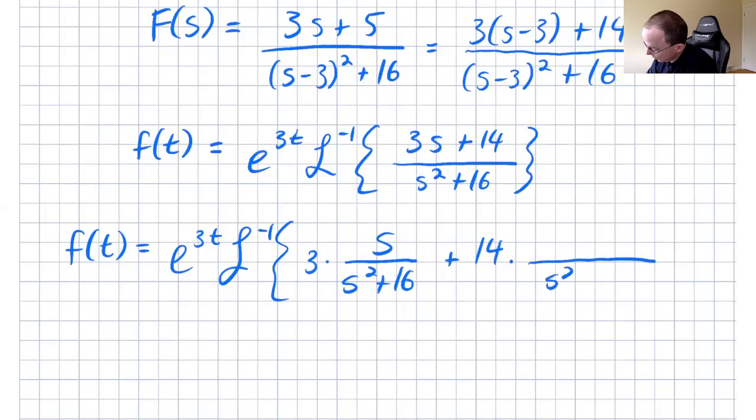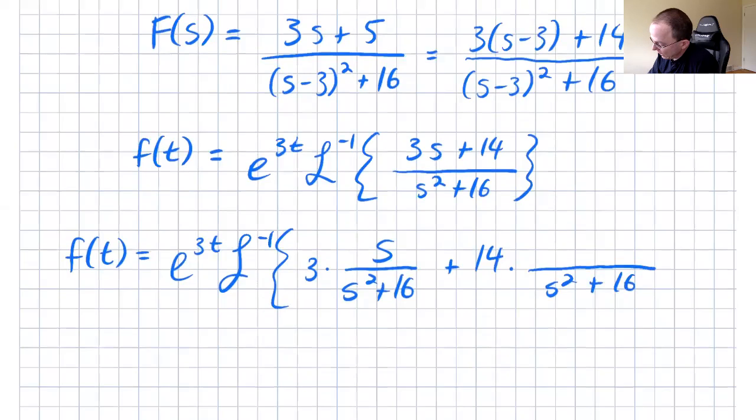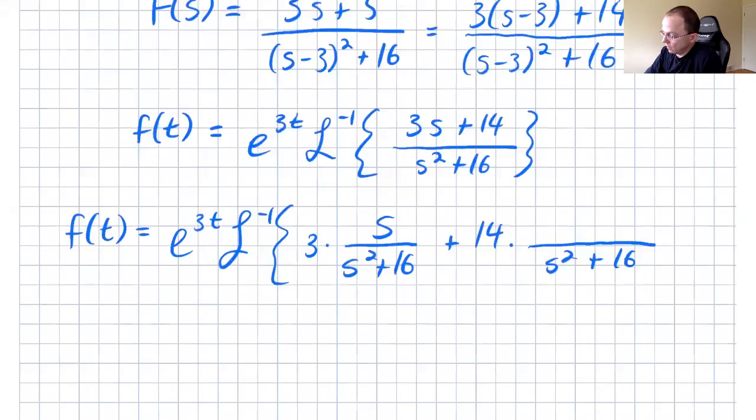And then I just need to multiply and divide by something in order to get the right numerator. So what is the numerator that I want? Right now it would be 1. But if you look at the Laplace transform of sine kt, or in our case sine 4t, it's going to have 4 over s squared plus 4 squared. So it would be 4 over s squared plus 16.